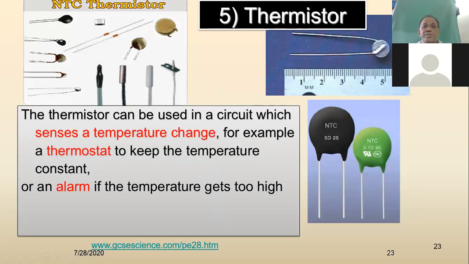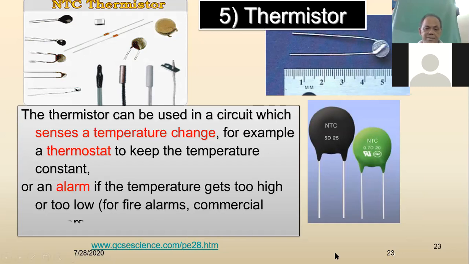It can also be connected to an alarm, telling us that there's a fire in the room, warning us. Or in a freezer, something is wrong, go and check, malfunction.